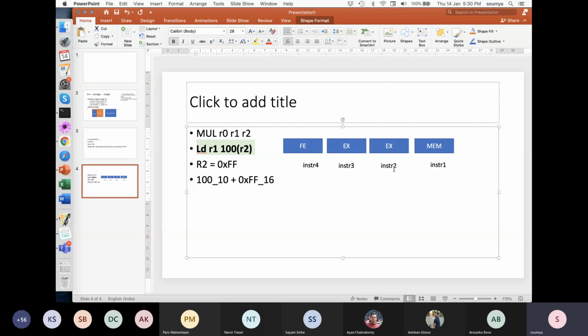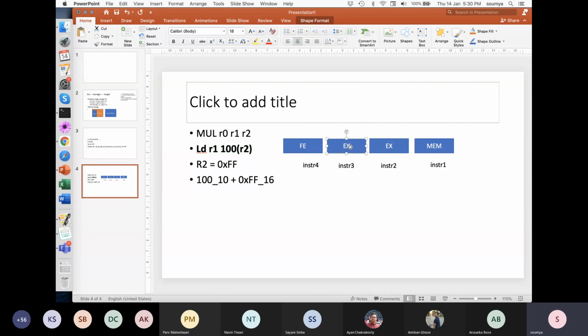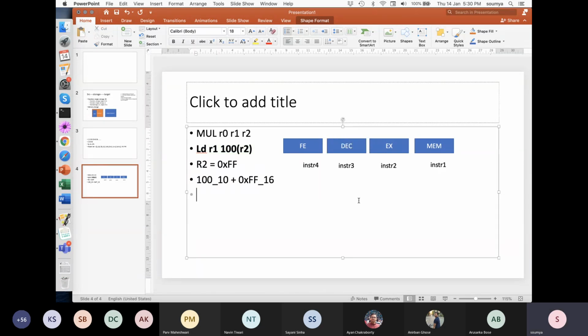Now that would mean the 4th instruction is right now being fetched. Third instruction, sorry, this is decode, right? So third instruction, meaning the processor is understanding. The processor has already understood the meaning of the second instruction, and it is in this stage, though it has got nothing to do in the stage apart from the address calculation.